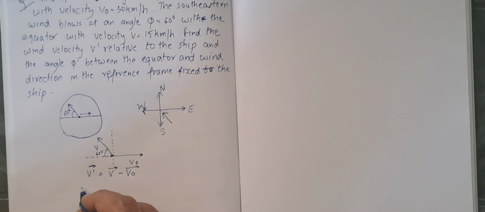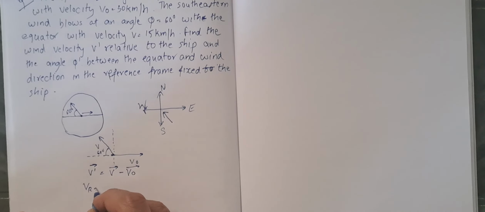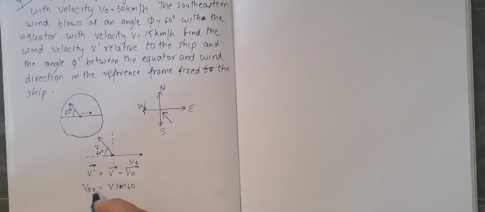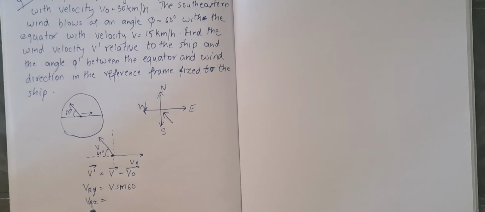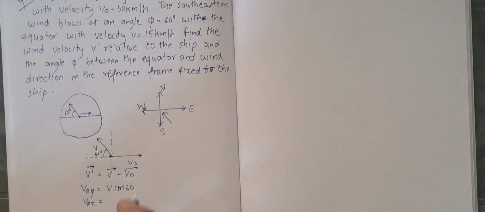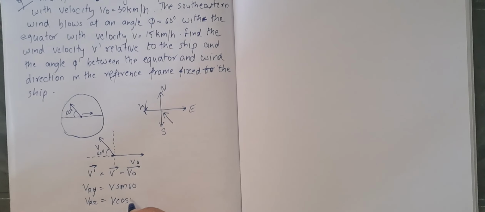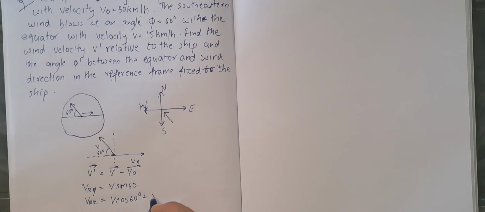So if you call the resultant VR, then along the y-axis the component is V sine 60, and if you call the resultant x component VRX, that will be equal to V cos 60 plus V naught.